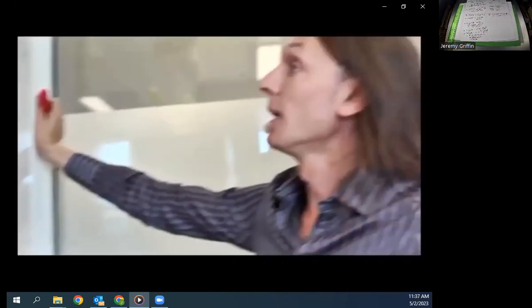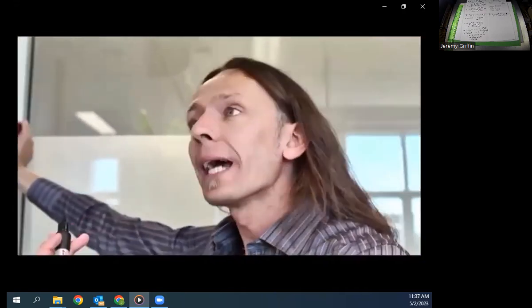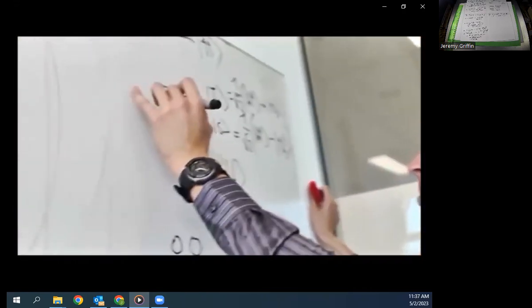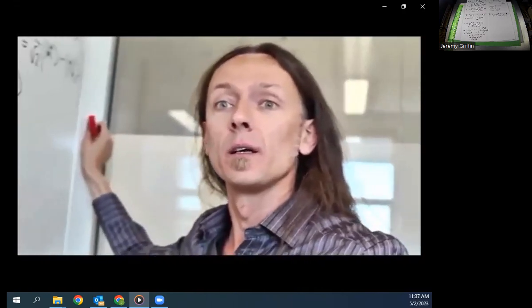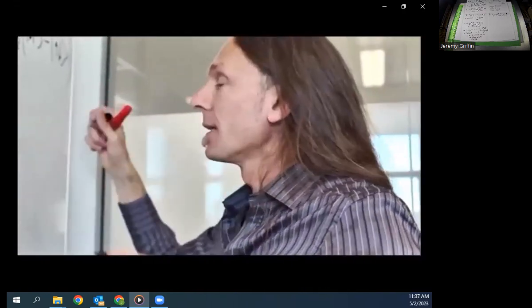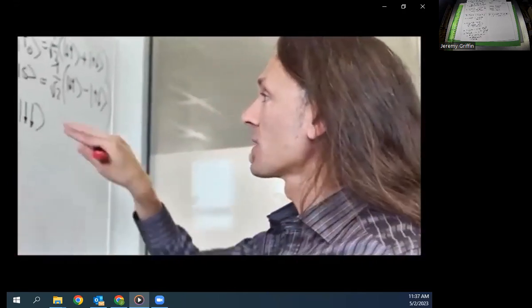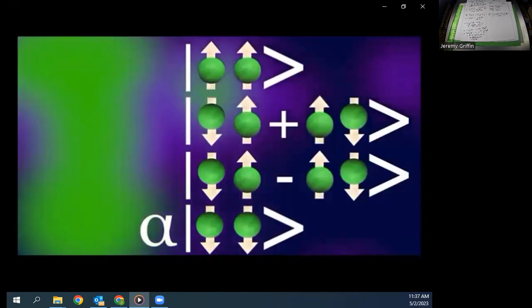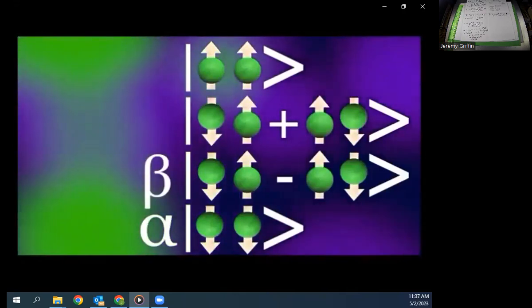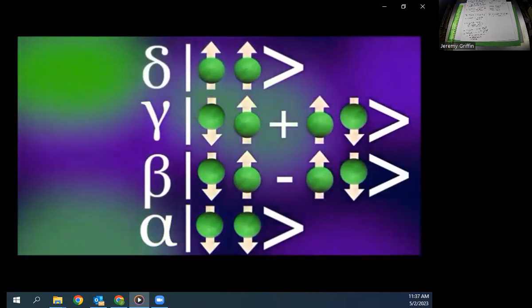Here instead, quantum mechanics allows me to make superposition of each one of these 4 states. So I can write quantum mechanical state, which is perfectly legitimate, that is some coefficient times this, plus some coefficient times that, plus some coefficient times that, plus some coefficient.